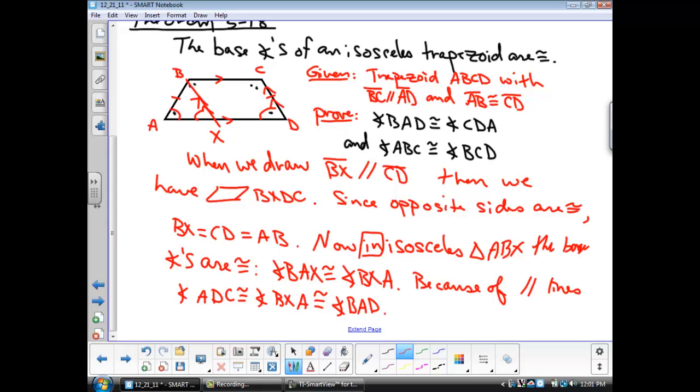So I have part of what I want to prove. I have that angle BAD is congruent to angle CDA.